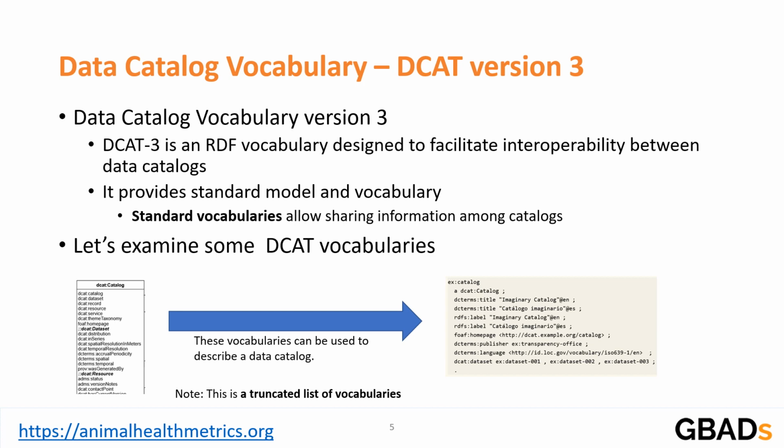On the left side, we have vocabularies to describe a data catalog. On the right side, we have an example of a data catalog description. In this case, we use the standard vocabulary to describe the data catalog.